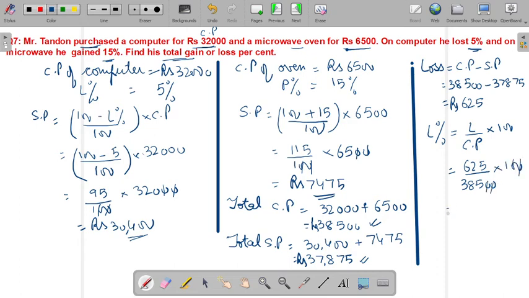So let's solve it to get the answer. 625 divided by 385. So this is coming as 1.62%. So it has a loss of 1.62%, not gain. Next question.